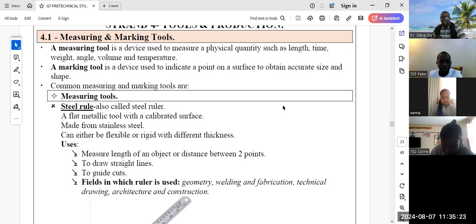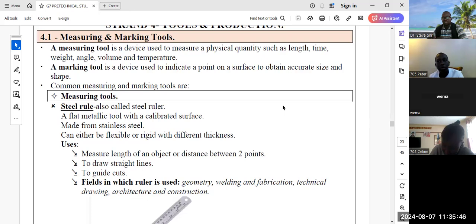So when we are defining tools, they are categorized into two: marking tools and measuring tools. The measuring tools are devices used to measure a physical quantity, such as length, time, weight, volume, and temperature.